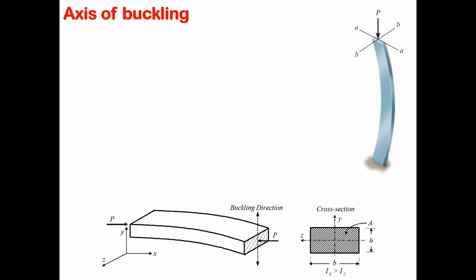Yeah. So let's stop the class at this page. We are going to continue the discussions about the axis of buckling and buckling in other types of supports later on.